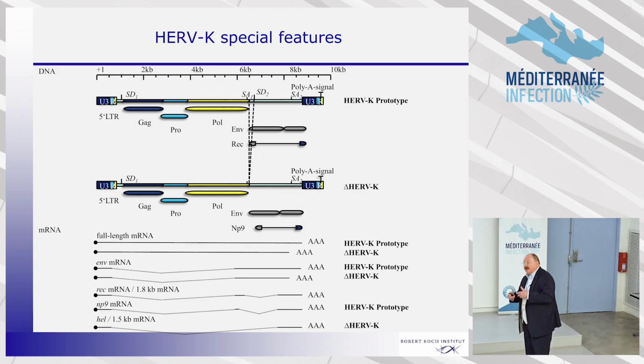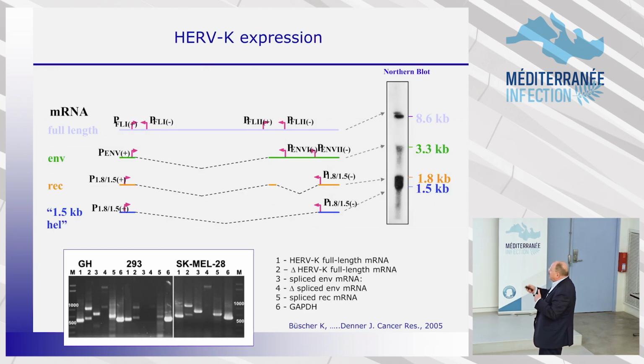It is an equivalent to the REV of HIV-1, and there are HERV-K forms in the genome which have a deletion in this region, and they have another additional protein, NP9.